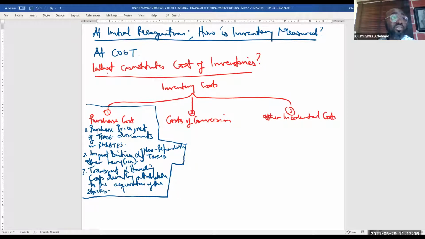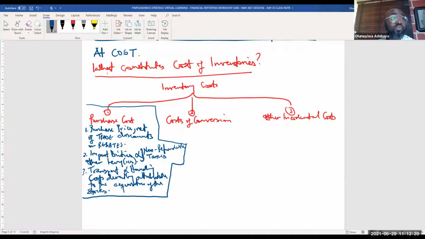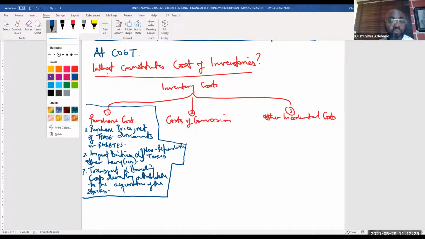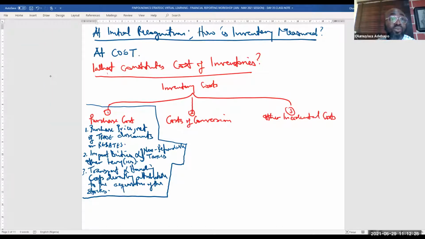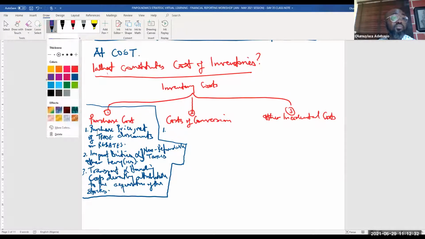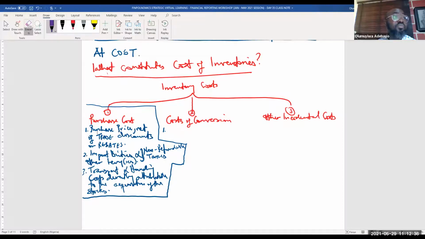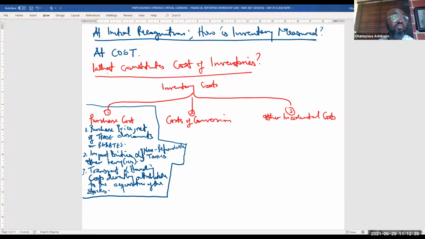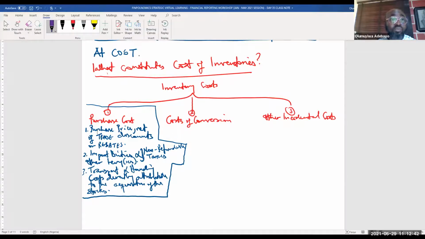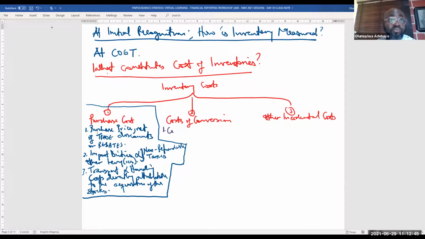Now, what is our conversion cost? Our conversion costs include, one, costs that are directly related to the units of production.